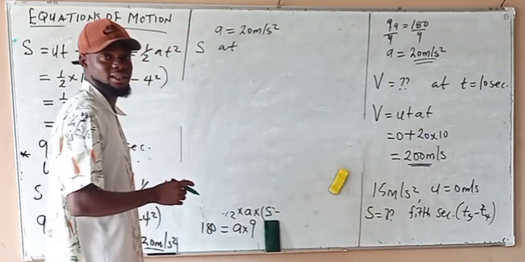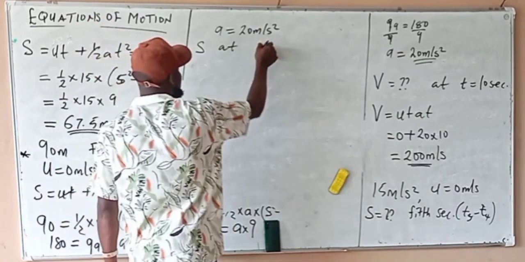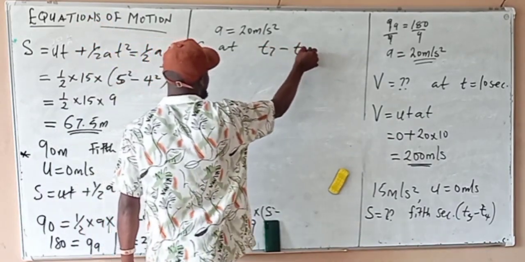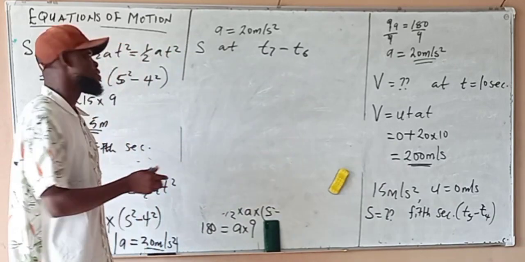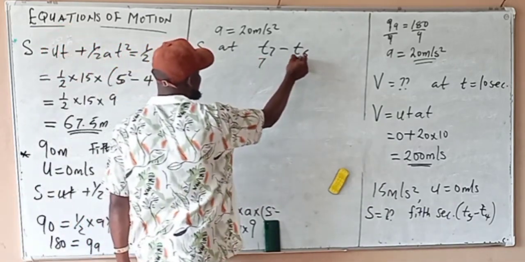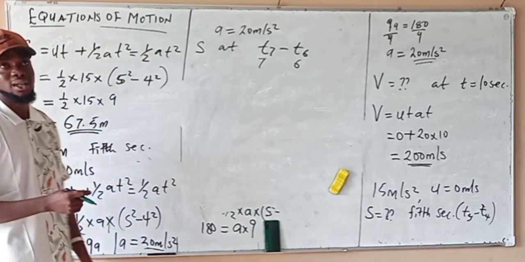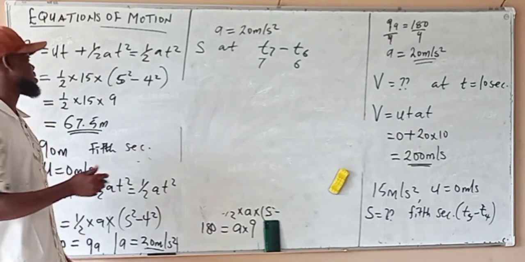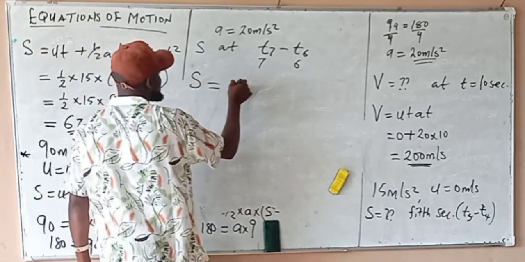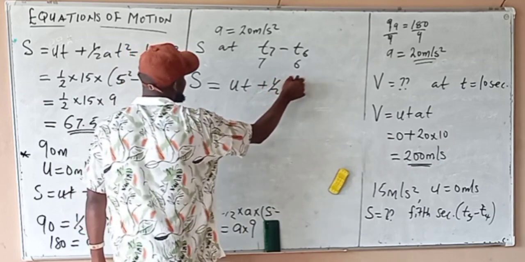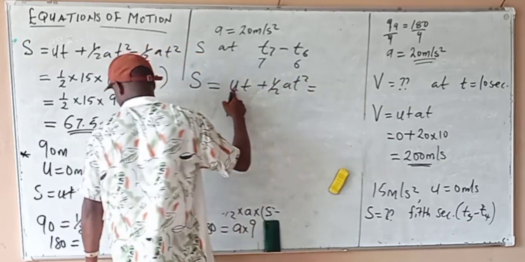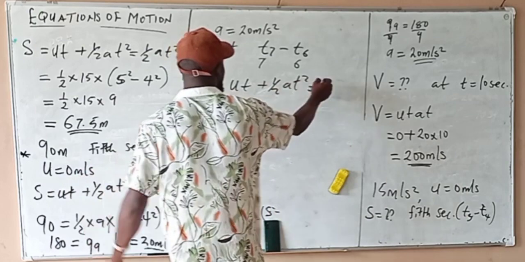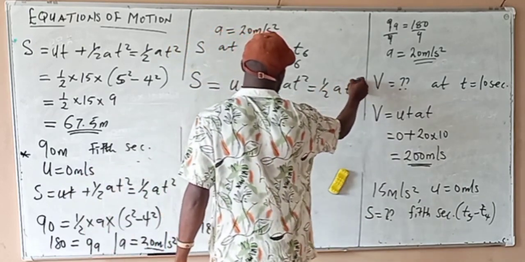What will be the displacement at the 7th second? The 7th second is T7 minus T6. For T7, the time is 7. For T6, we have 6 there. So what will be the displacement? We have that s is equal to ut plus half at squared. If the body is starting from rest, u is 0, we have half at squared.